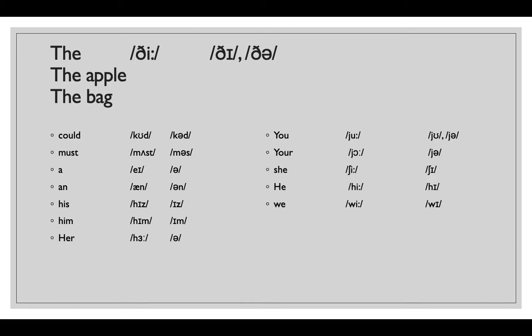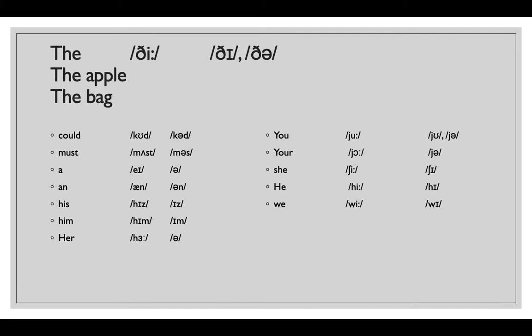What is the difference? You notice that when I say the apple, the ox, the egg, the umbrella, I'm using "thee." Whereas when I say the bag, the cat, the man, the pin, etc., I'm saying "thuh." I've written both pronunciations there. The thing is, when "the" is followed by a vowel sound, you use "thee": the apple, the ox, the egg.